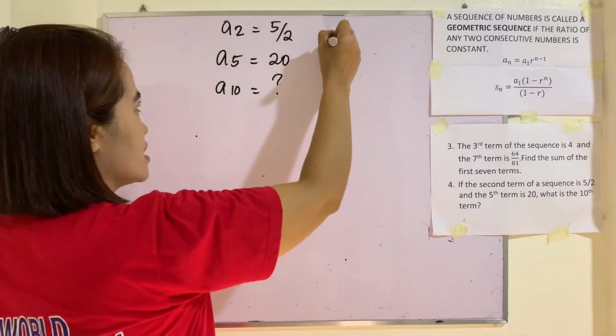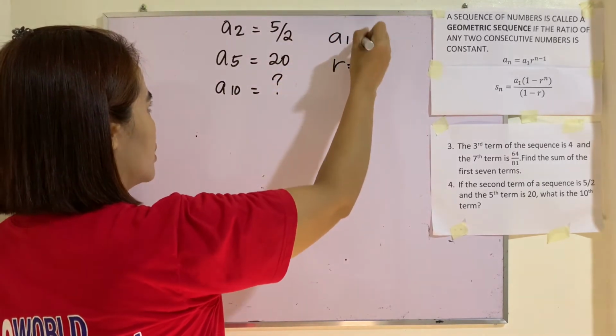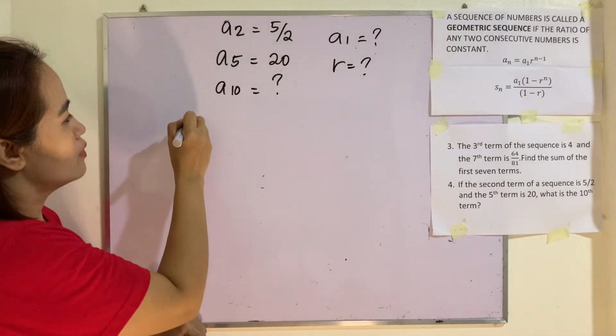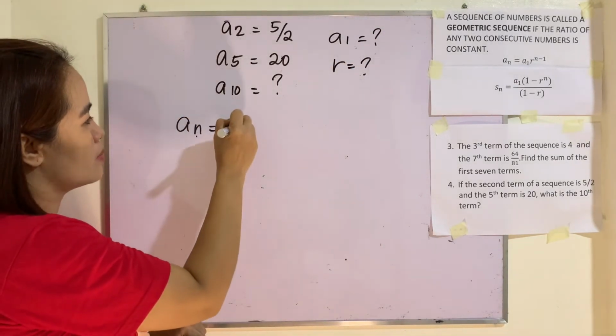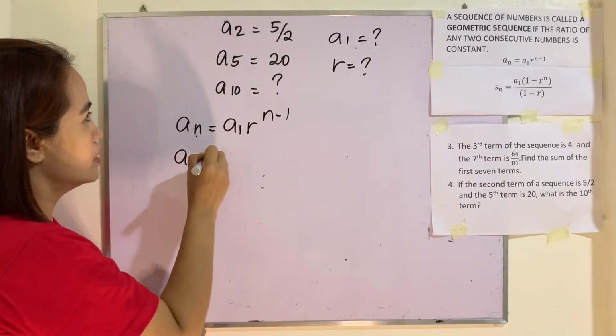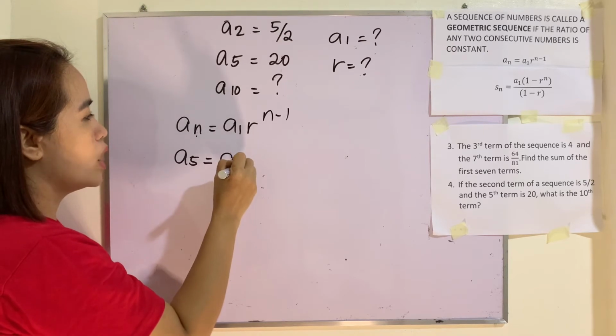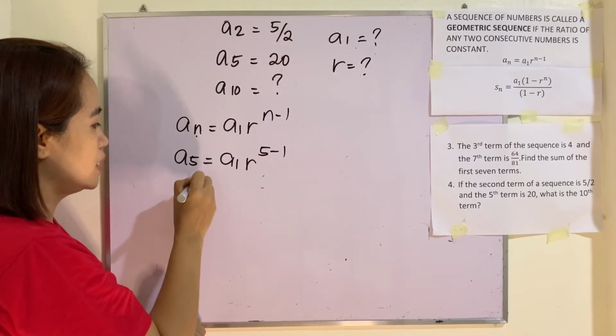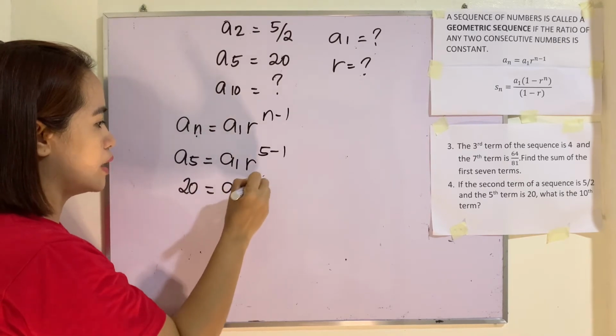We do not have a sub 1 yet, and of course our common ratio. Okay, let's solve it. So we have a sub n equals a sub 1 r raised to n minus 1. a sub 5 equals a sub 1 r raised to 5 minus 1. So we have 20 equals a sub 1 r raised to 4.